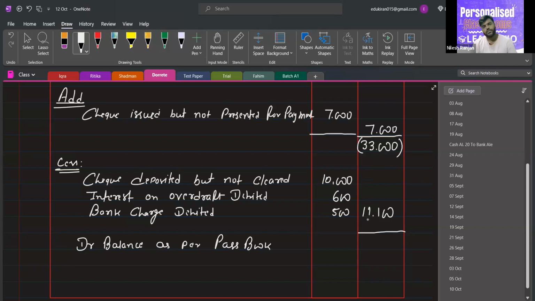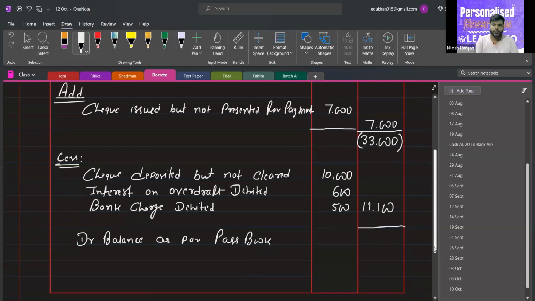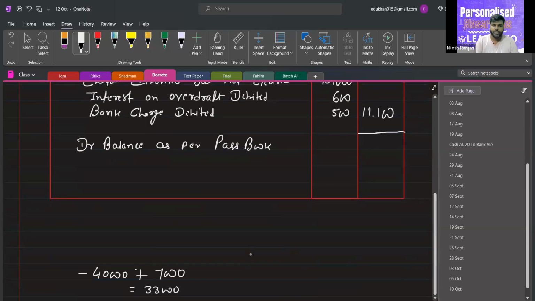So after deducting this 11,100, how much amount will we get? We have 33,000 in minus and we have 11,100 in minus.